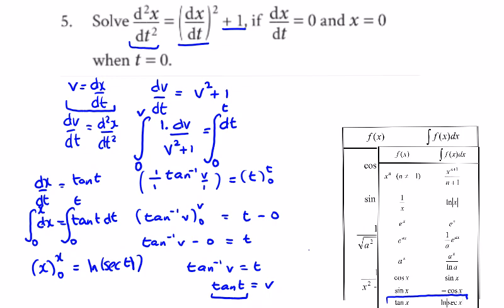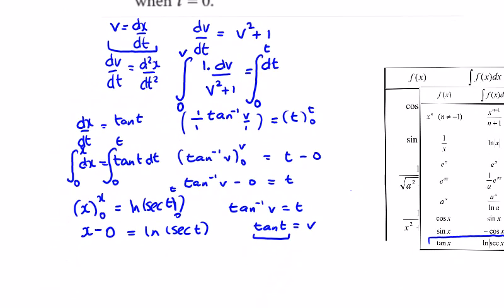And that's going to be between t and 0. So we're going to get x minus 0 is equal to natural log of secant t, and then the natural log of secant 0 will be 0, so this is our answer now. x is equal to the natural log of secant t.